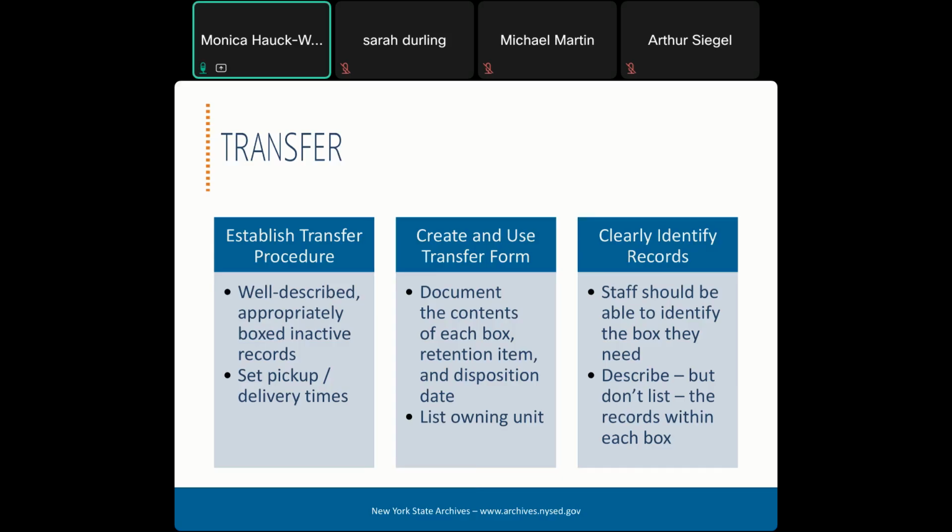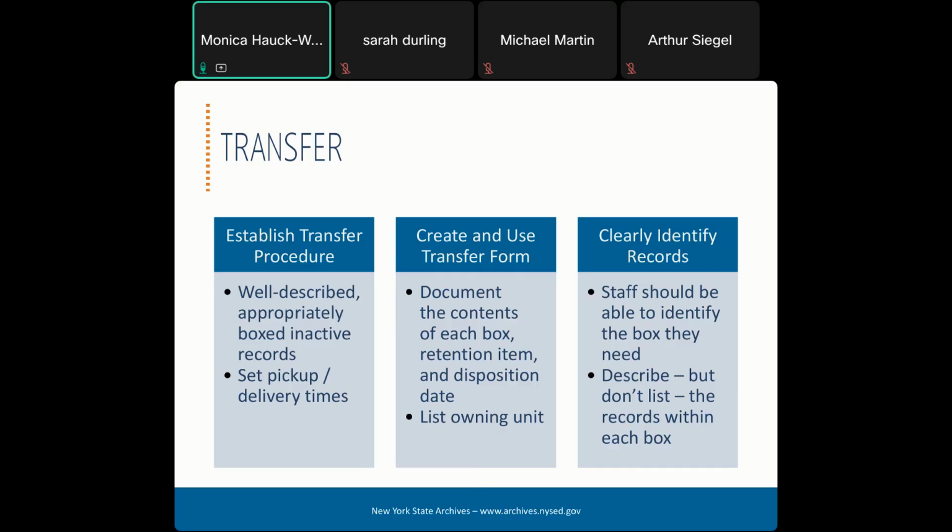The box descriptions on the transfer list should include any information that you'd put on a box label, plus whatever additional information is necessary to clarify the box's contents. The list should be detailed and talk about the documents within each box, but it doesn't necessarily need to list each document or folder.